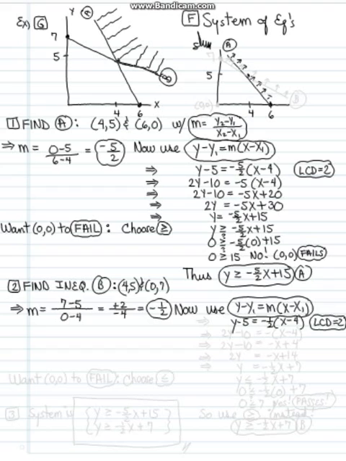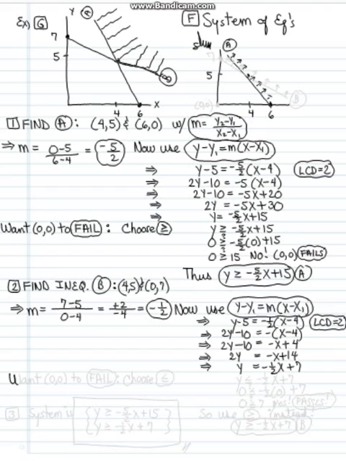Multiply both sides by 2: 2y minus 10 equals negative 1 times x minus 4. Distribute the negative sign: 2y minus 10 equals negative x plus 4. Move the 10 over: 2y equals negative x plus 14. Divide everything by the coefficient: y equals negative 1/2 times x plus 7.